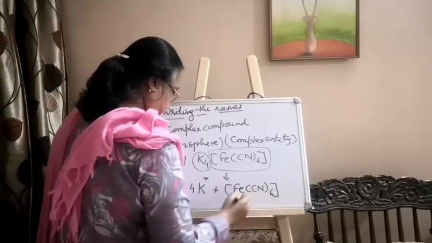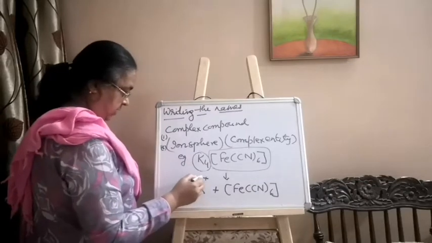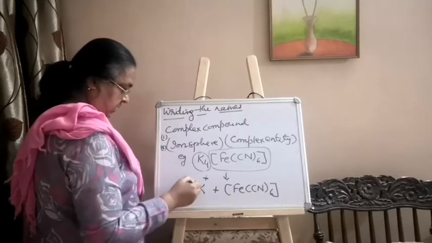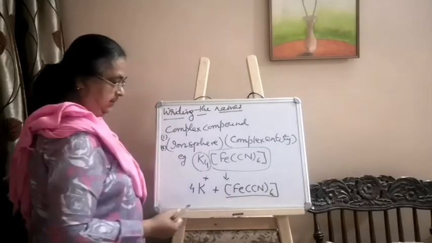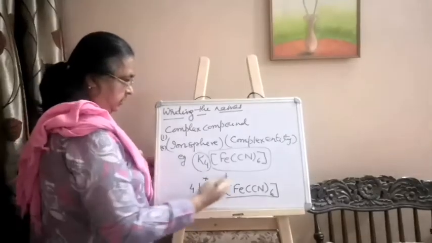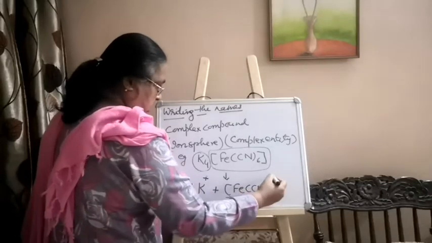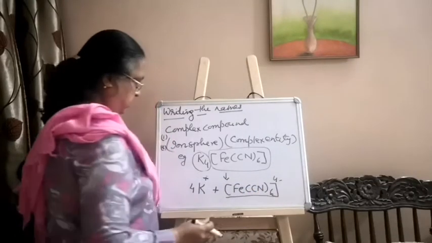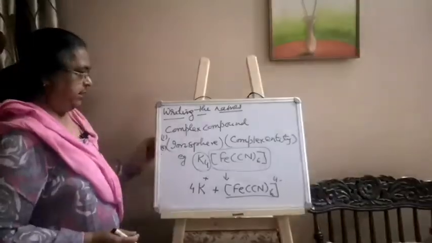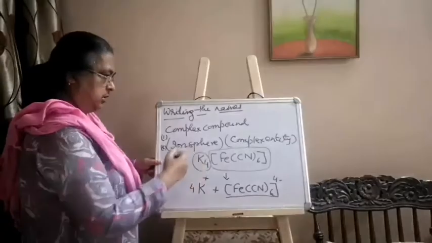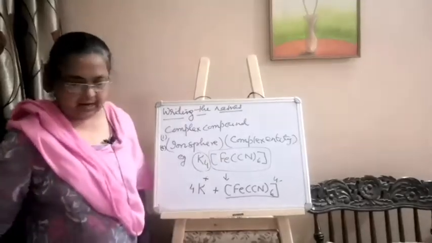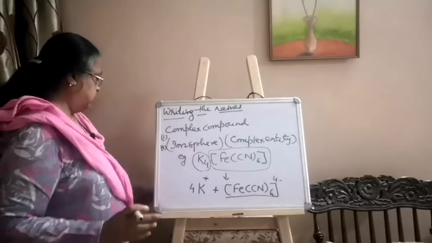The ionosphere you have named first, as I told, potassium, and the complex entity you will name as a whole after this. So this is anionic, with 4 negative charges. When we write the name of the complex compound, first we write the positive part, then the negative part.